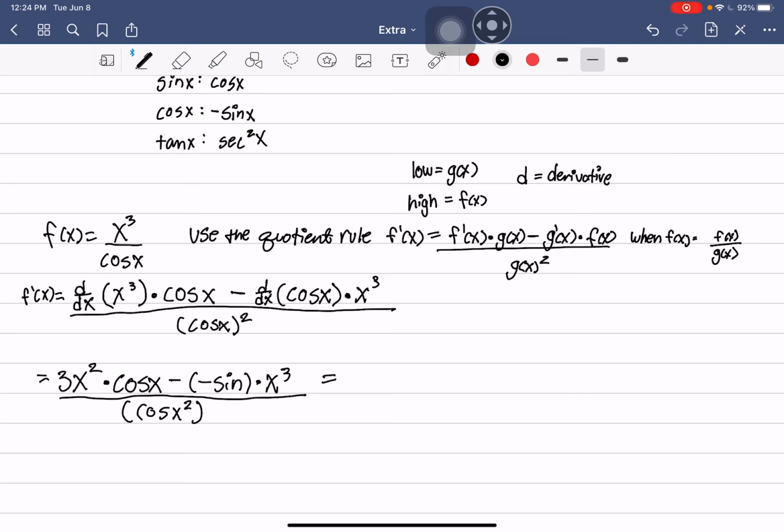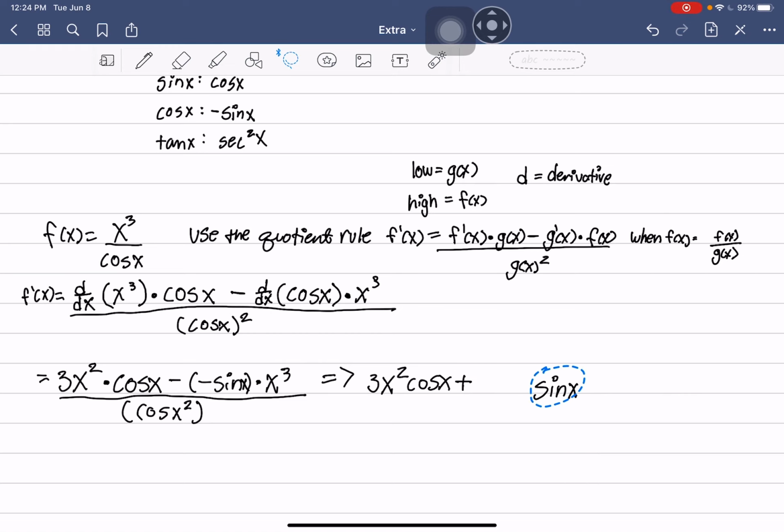We can simplify it a little more to do 3x squared cosine x plus sine x. There's an x there, sorry. You know what? Let me move this over.